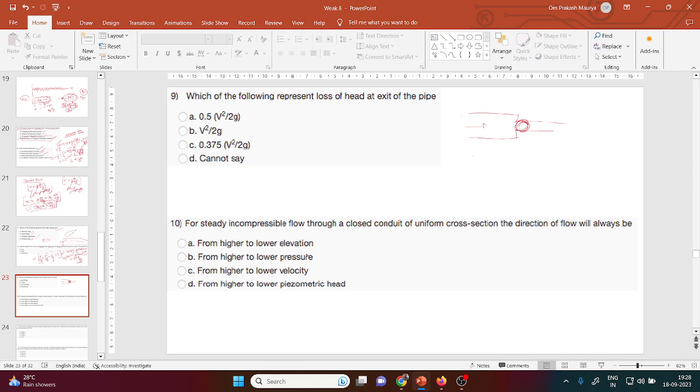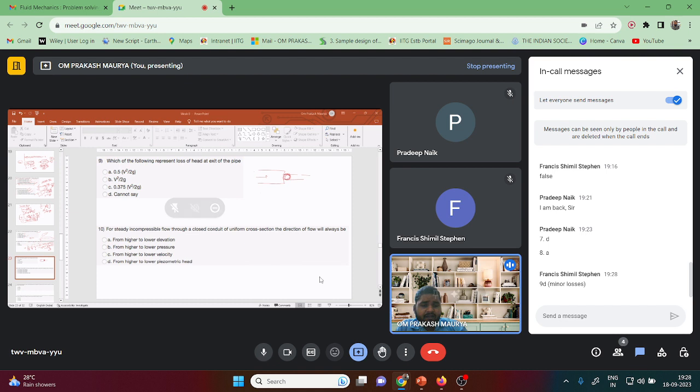So the formula basically is asking, these are the derived formulas.